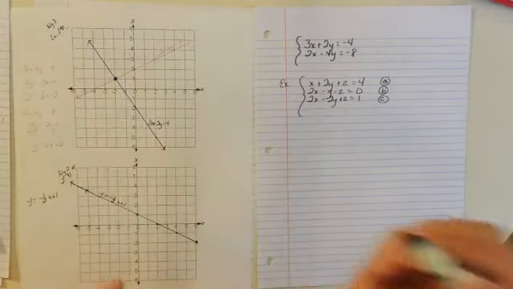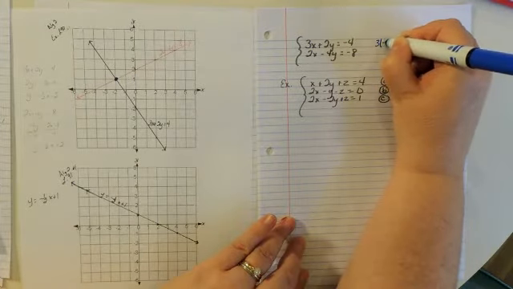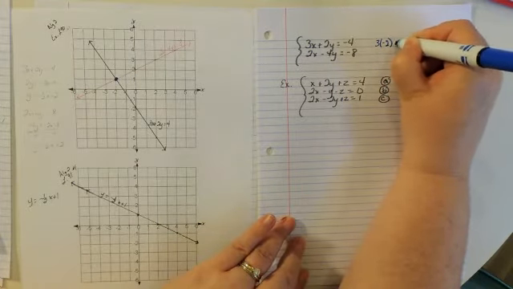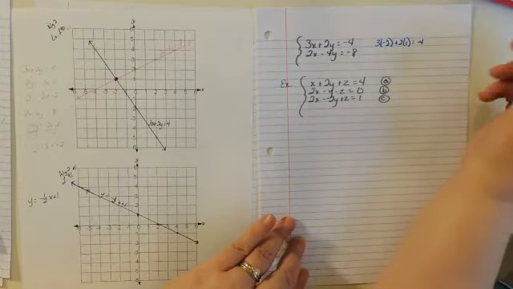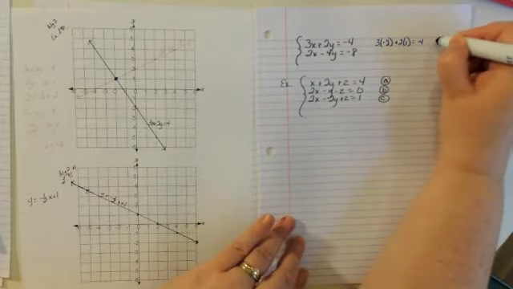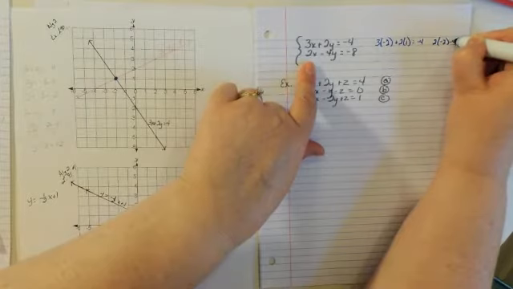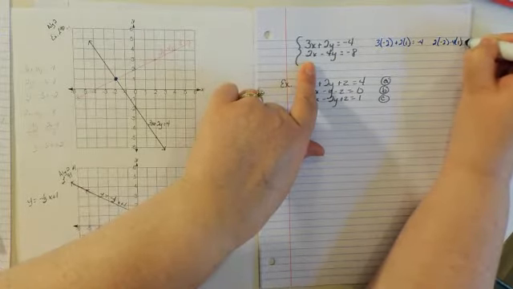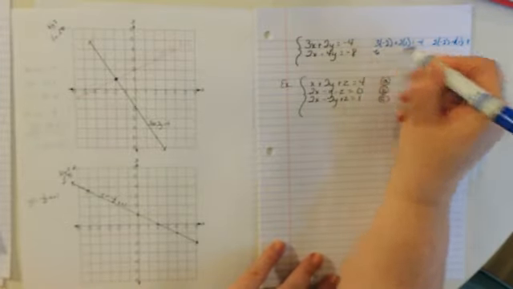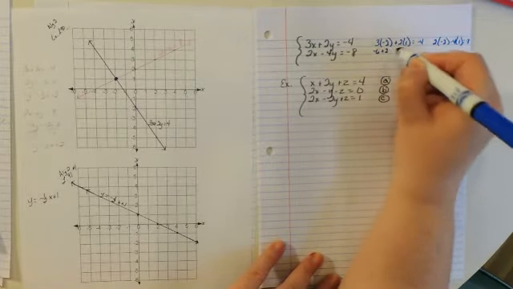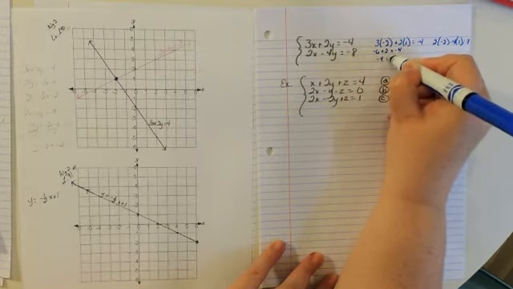So we would have 3 times negative 2 plus 2 times 1 equals negative 4. And we would have 2 times negative 2 minus 4 times 1 equals negative 8. I'm going to run out of space. Alright, so we have negative 6 plus 2 equals negative 4, and negative 4 equals negative 4.